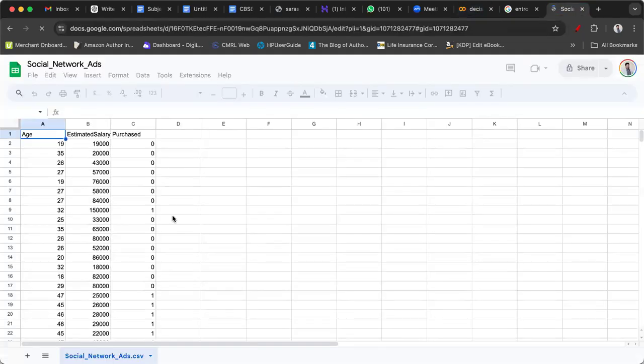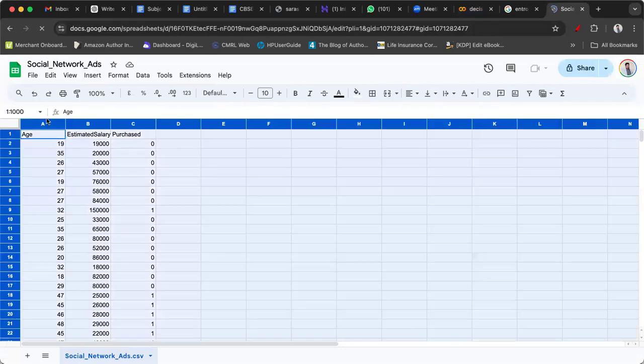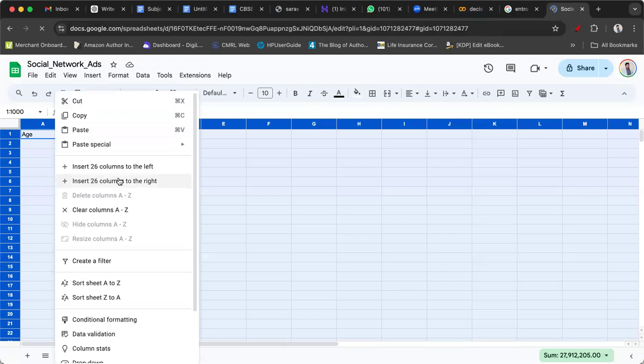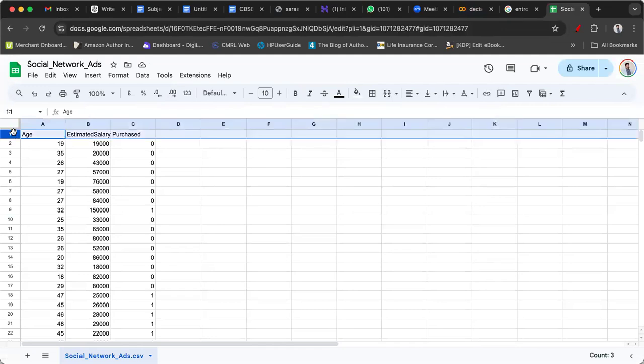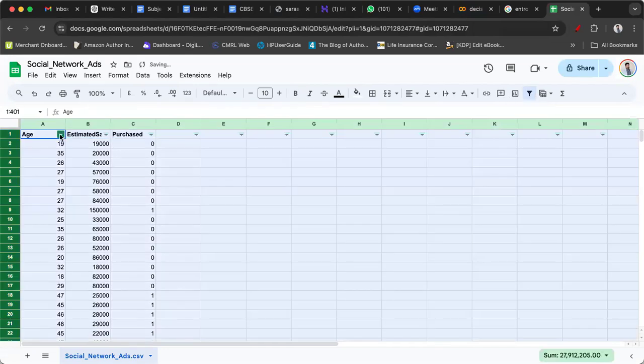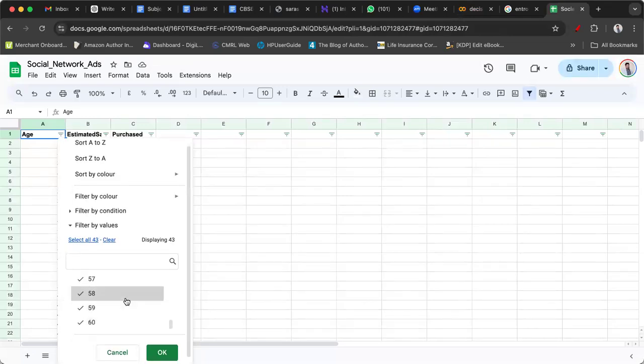Just filter it on age. 60 is the maximum.